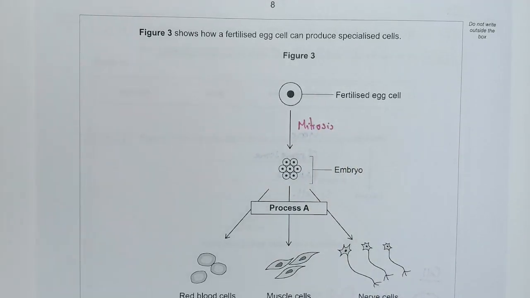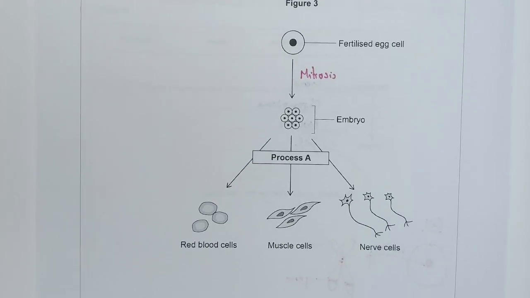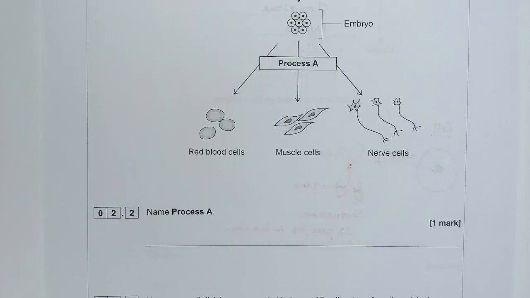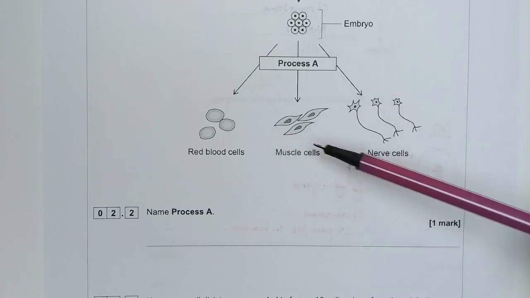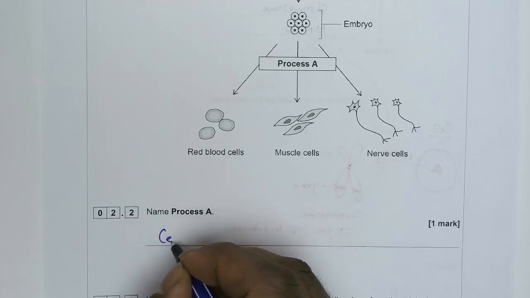And through process A, the embryo develops into different cells, into red blood cells, muscle cells, and nerve cells. So let's look at the question. Name process A. So process A is when the embryo is actually producing these different specialized cells. So the answer would be cell differentiation.